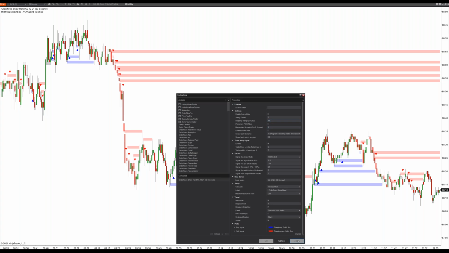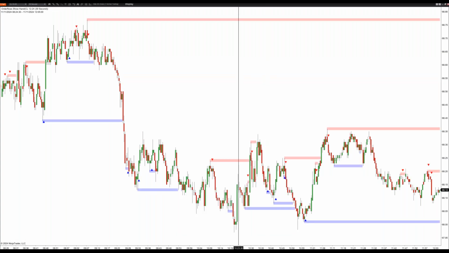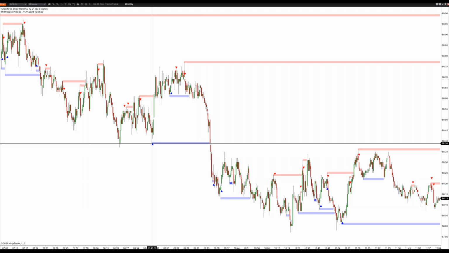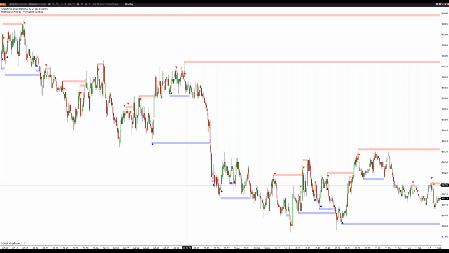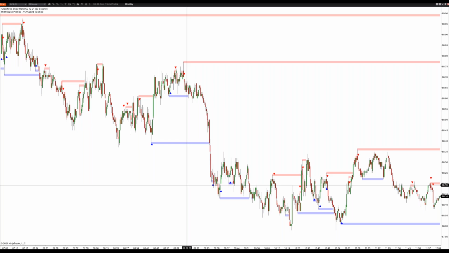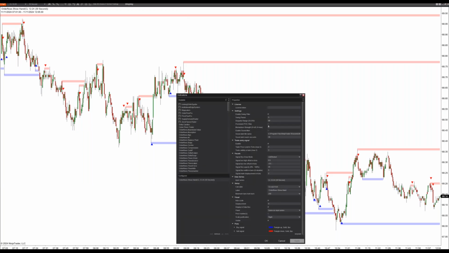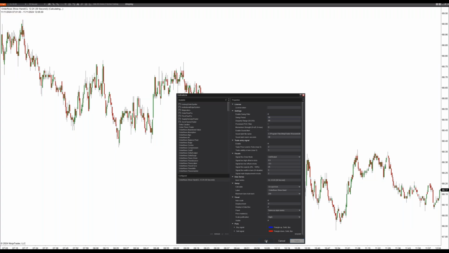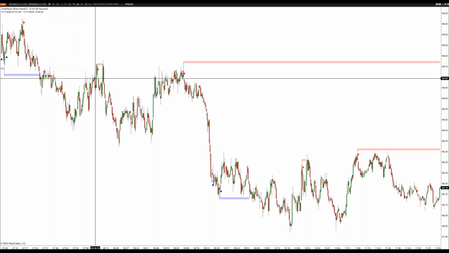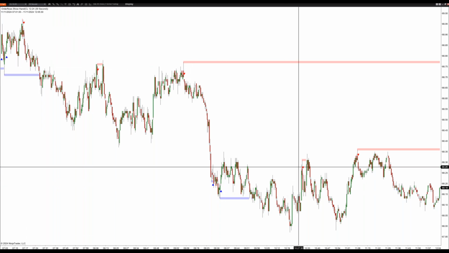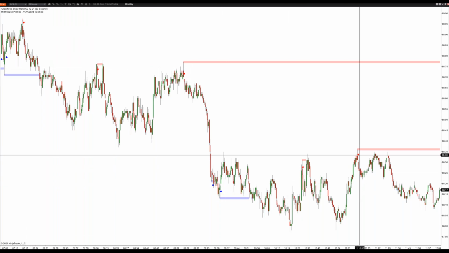I'll just keep it at 89. So what it's doing is it's looking for swing lows for bullish signals, swing highs for bearish. Now, again, I have it set at 5, which is kind of quick, but if you want longer swings, set it at 50. All right, so you see, bearish, bearish, bearish, some bullish, bearish, bearish.